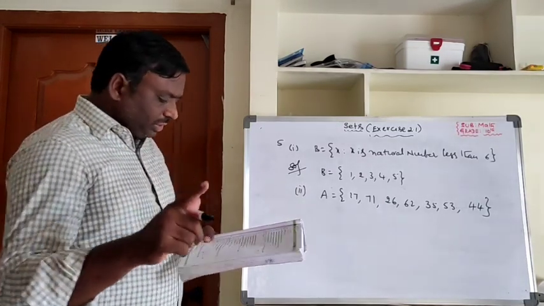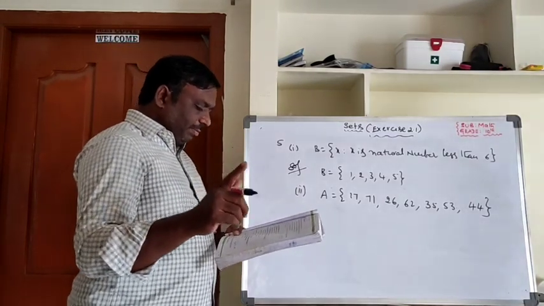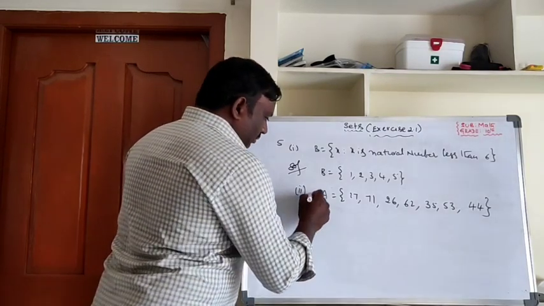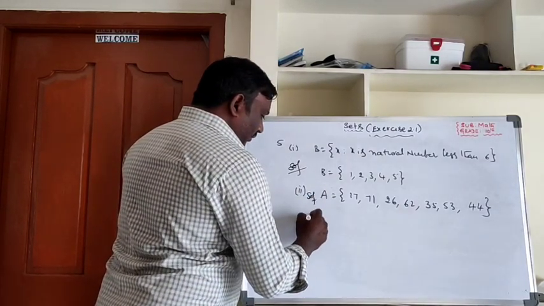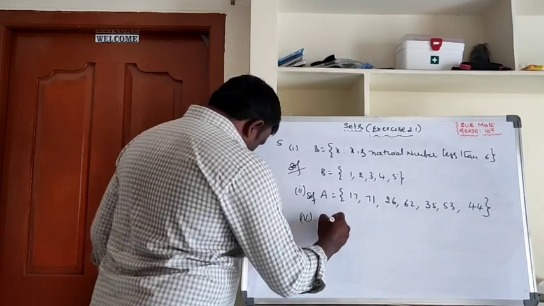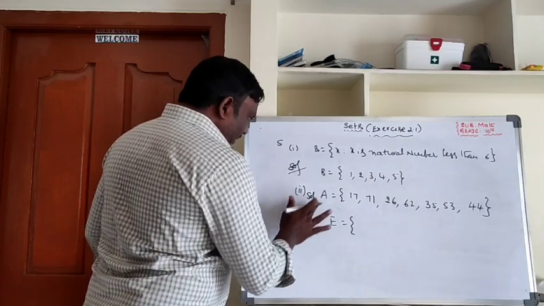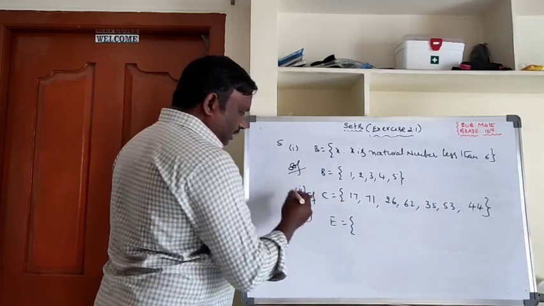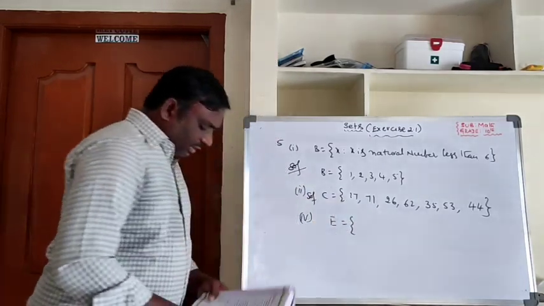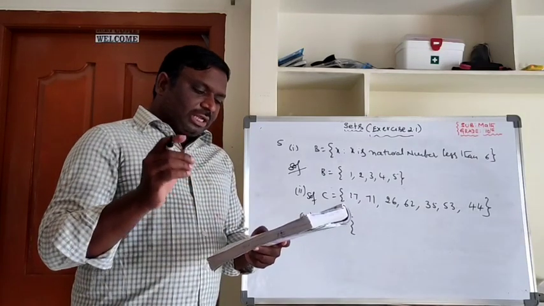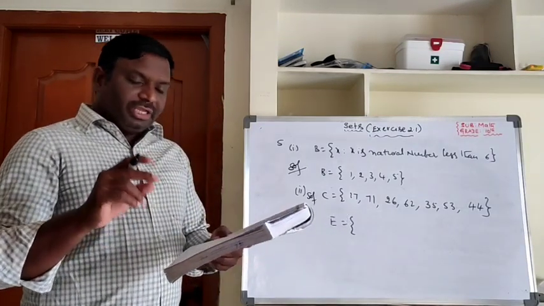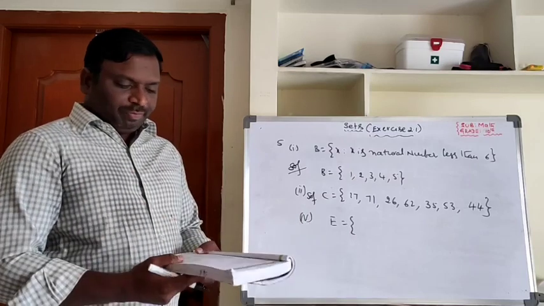The fourth question: X is an alphabet in BETTER, B-E-T-T-E-R.